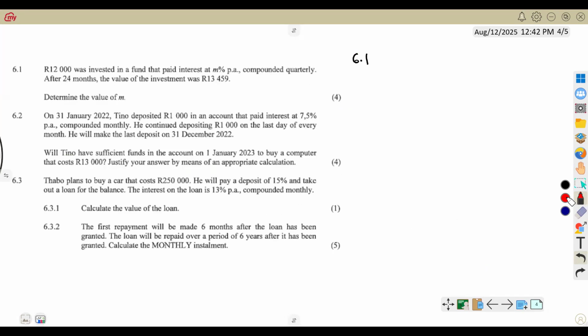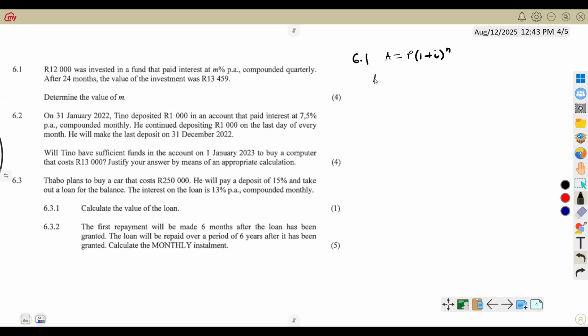So our A here is equal to P, then 1 plus i to the power n.